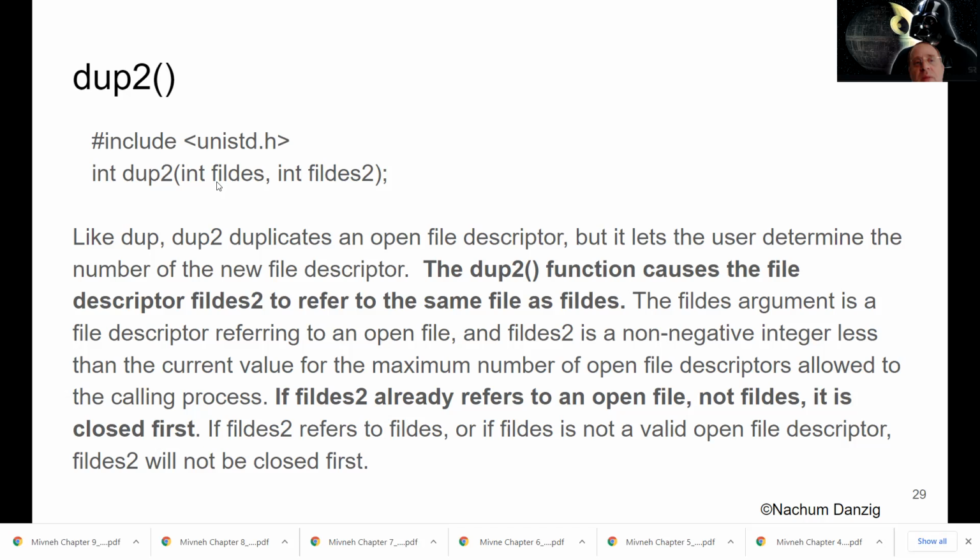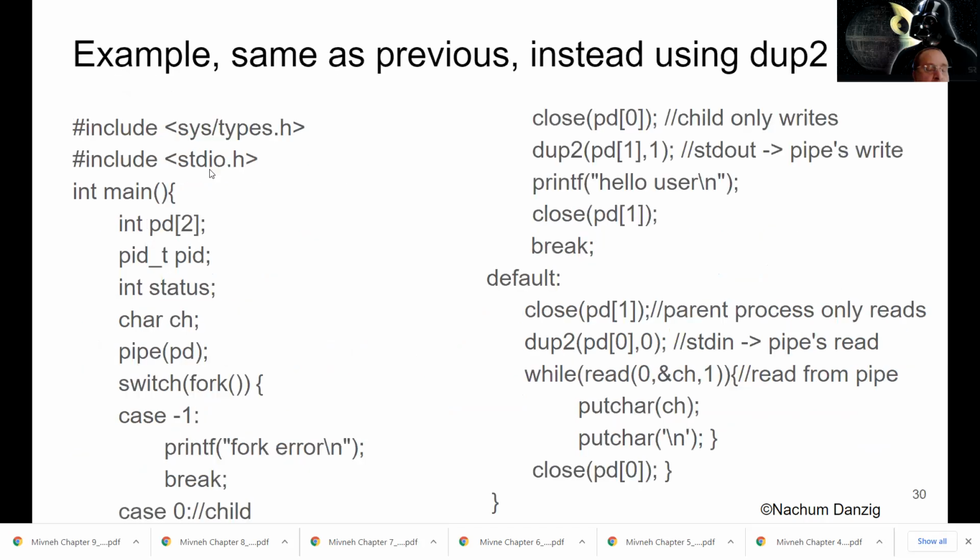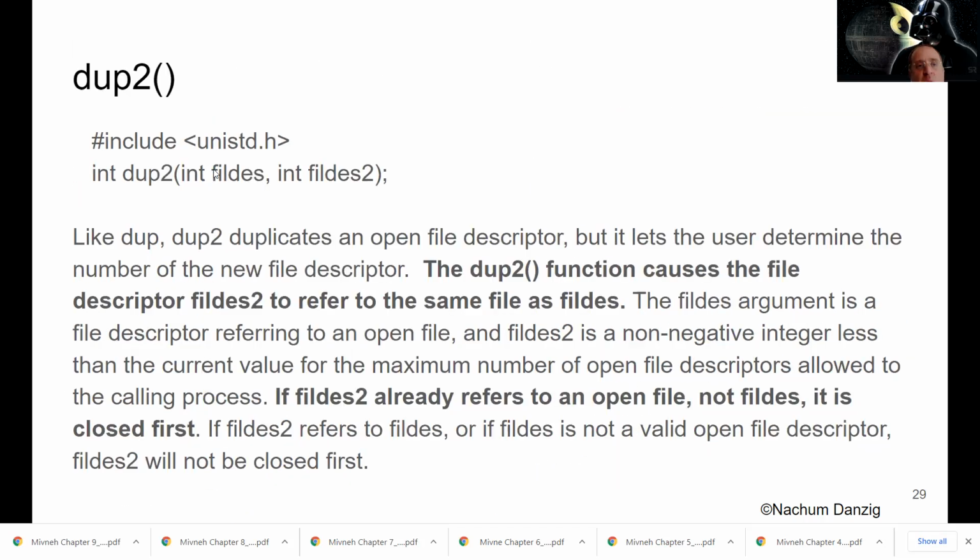And then it'll make that file descriptor 7 point to whatever the first one is pointing to. Let's say 3 is pointing to some pipe, and I give it 3 and 7 here. So now 7 will also be pointing to the pipe. I'm saying whatever 3 is pointing to, also make this one point to the same thing.